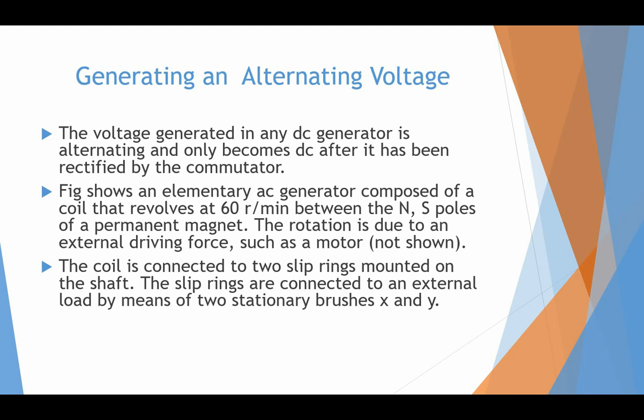As we are studying DC, we convert it into DC voltage with the help of a commutator. Commutator acts as a rectifier. A rectifier is a device which converts AC voltage into DC voltage.